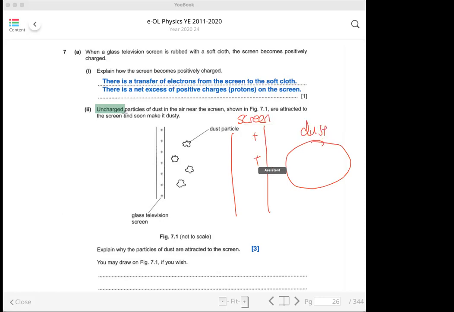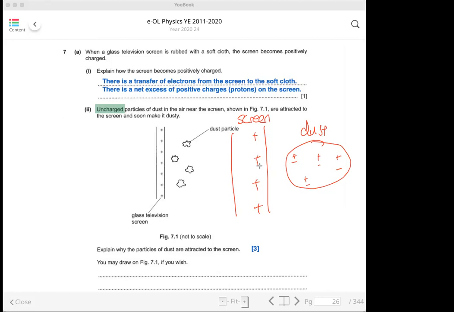The screen is positively charged based on the previous question. After you rub your TV with a cloth, your screen will be slightly charged, but after rubbing, you actually attract dust more. The dust itself has positive and negative all over the place. Correct? It's neutral. But when your dust is near the screen, what happened?